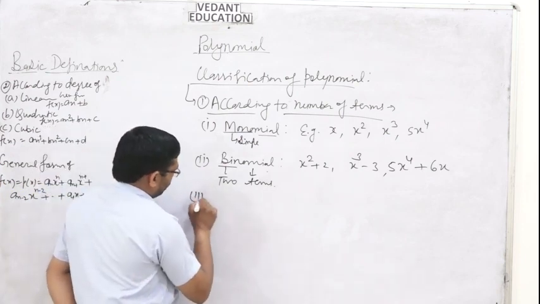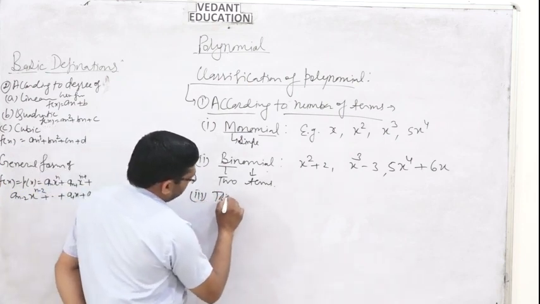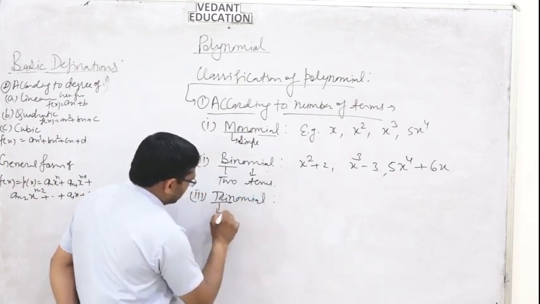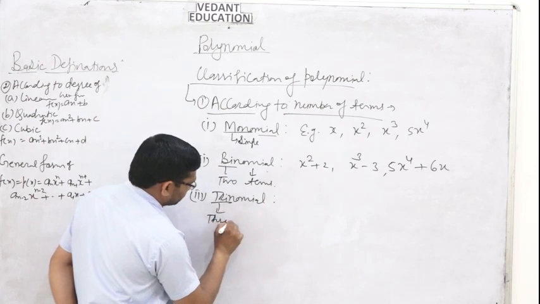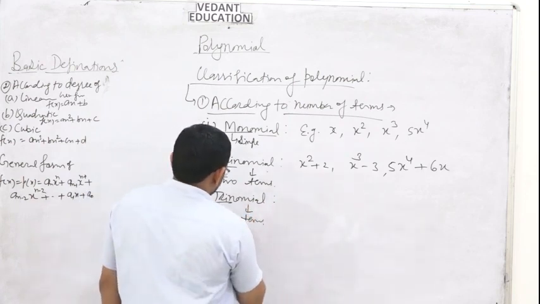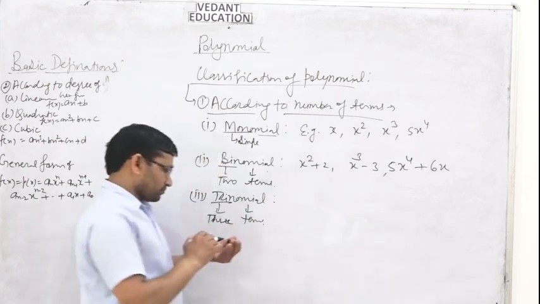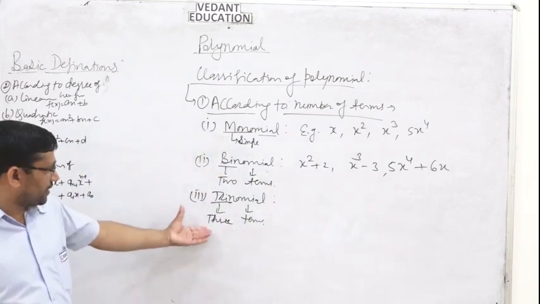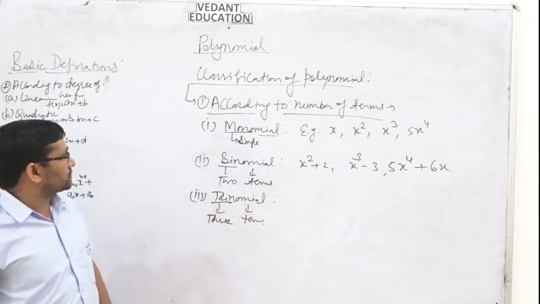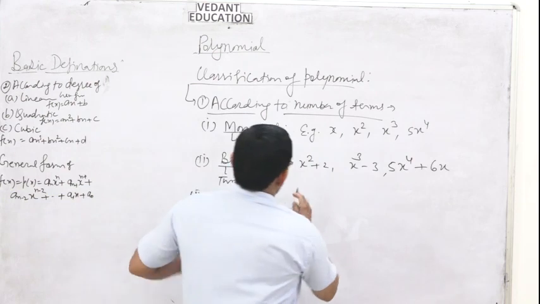And the third type, trinomial. Tri means three, and nomial means again terms. So the polynomial which has three terms is known as a trinomial.